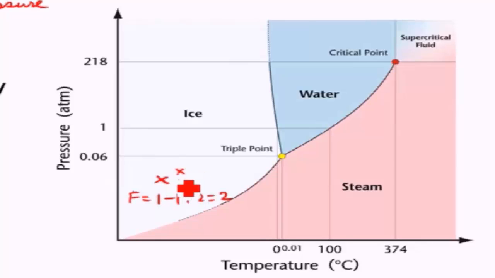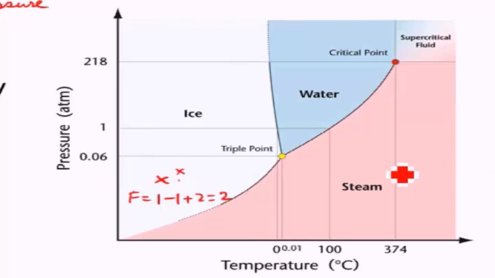Here I have done it just to exaggerate the change, but degree of freedom means that there will be at least one combination of change of temperature and pressure which will again give the same phase or phases.